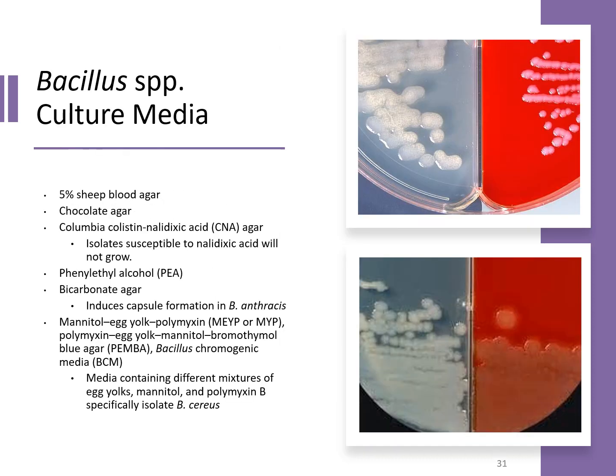So there are a couple of different medias that can be used for culturing and differentiating the Bacillus species. For example, with your bicarbonate agar, if you're suspecting anthrax and you put it on this agar, then it's going to induce a capsule formation. And so what will happen is if that capsule forms, then you'll get this real mucoid look. You can kind of see a thickening here, whereas these outside edges look kind of watery or runny.